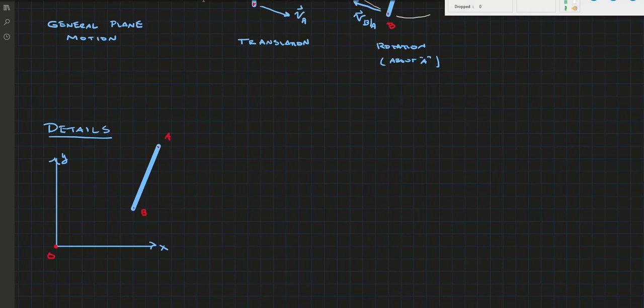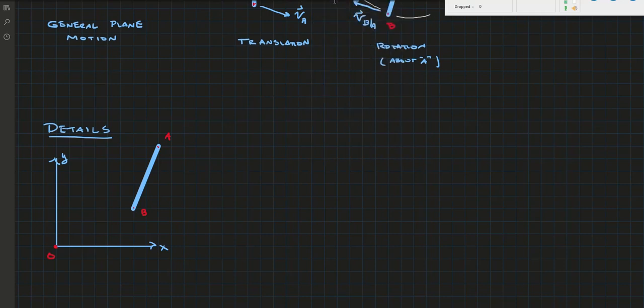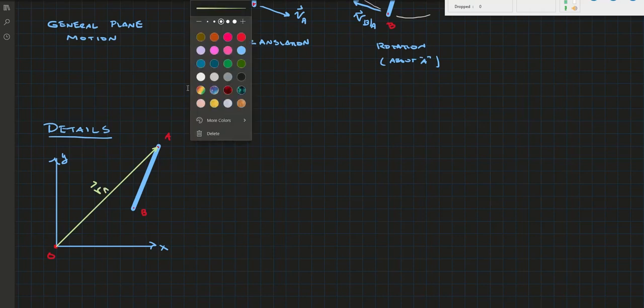So let's string up some position vectors here. We have a position vector to A, we'll call this RA, and we have a position vector to B.